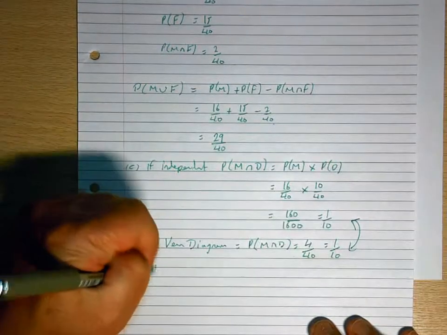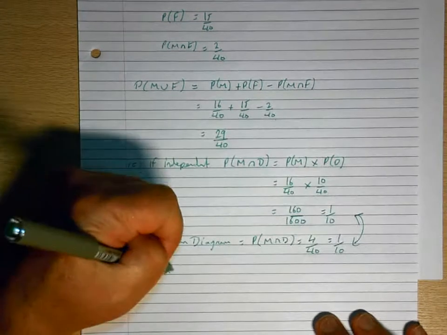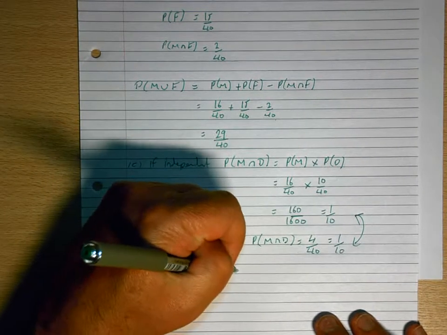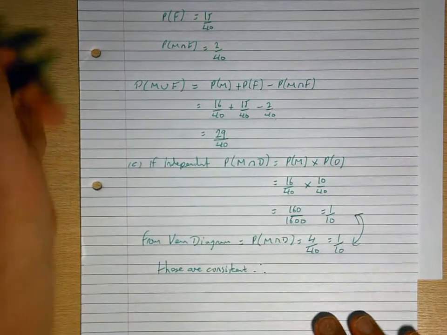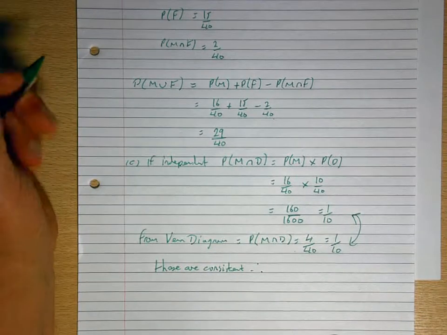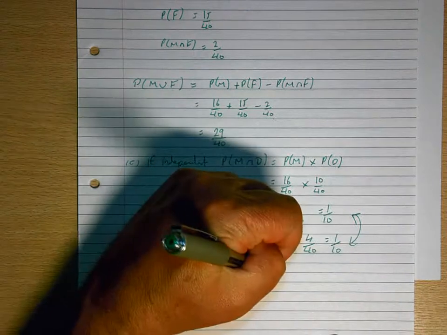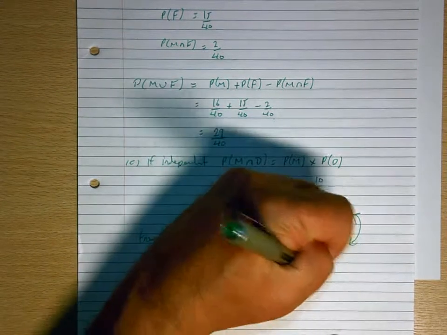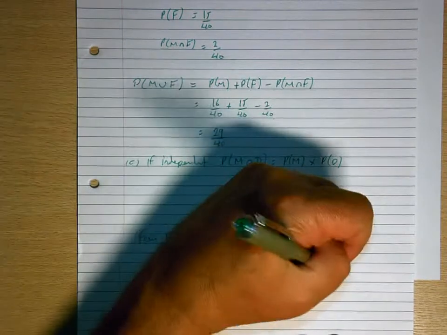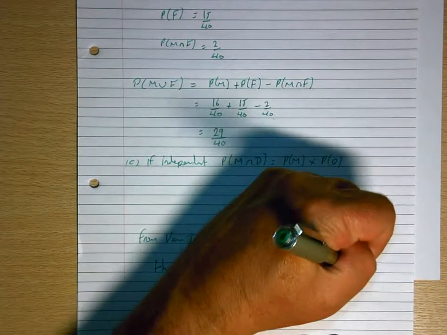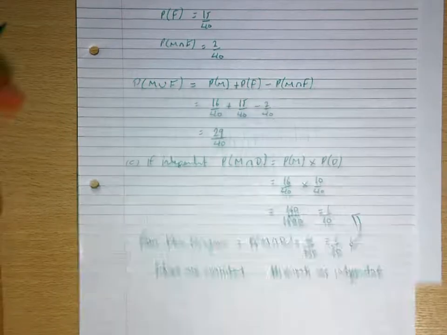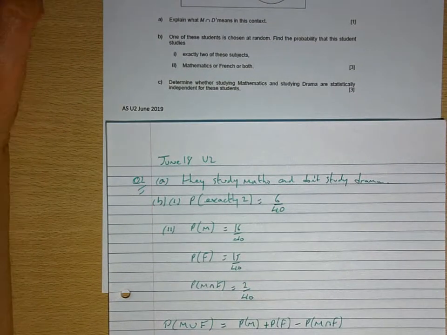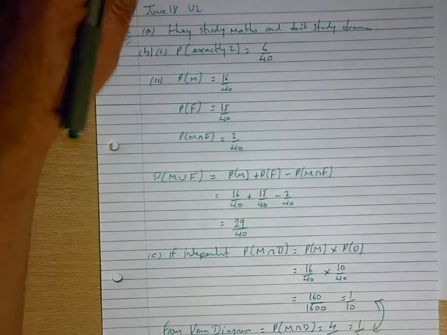These are consistent. So therefore, the events are independent. And then part C, sorry, that was part C, wasn't it? Yes. So we finished that.